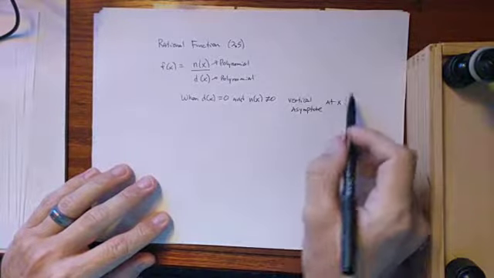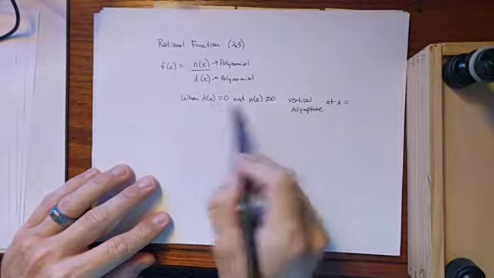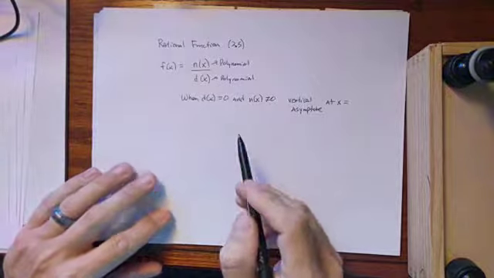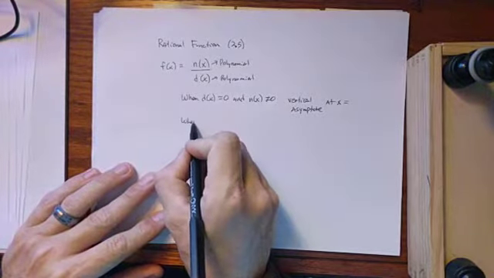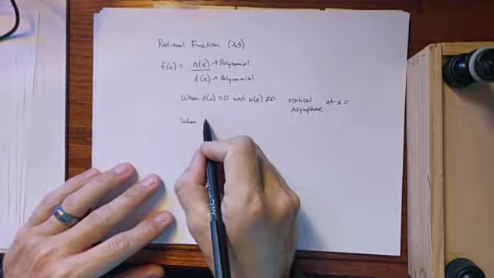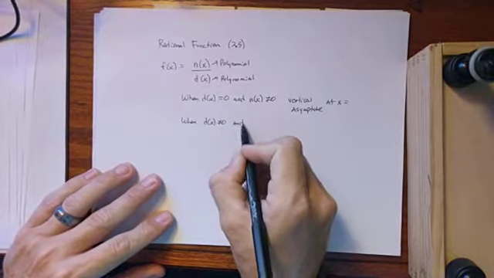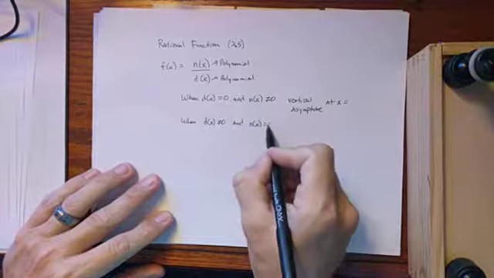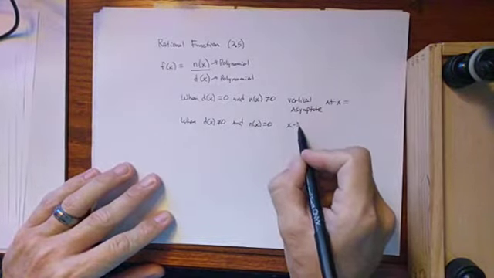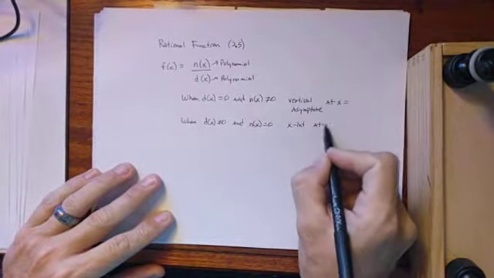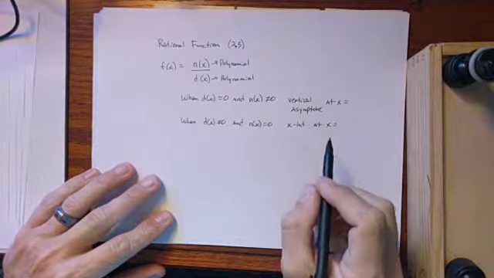Okay. At x equals whatever number this is, right? Whatever number makes this happen. When the bottom is not 0 and the top is, you get an x-intercept at that x value. Okay.